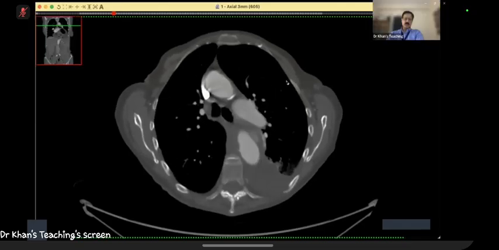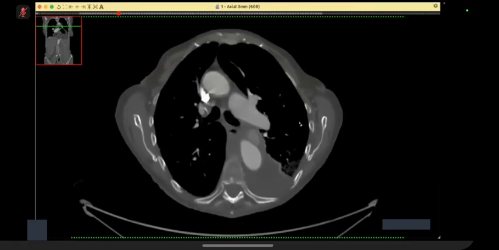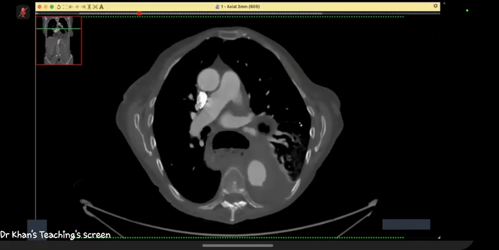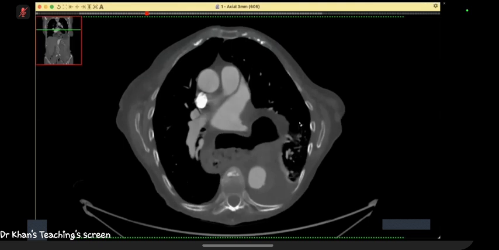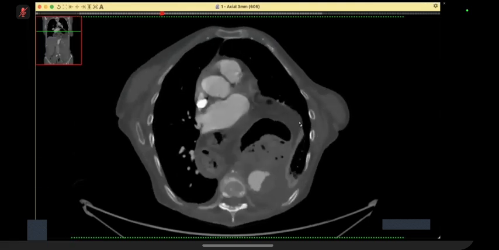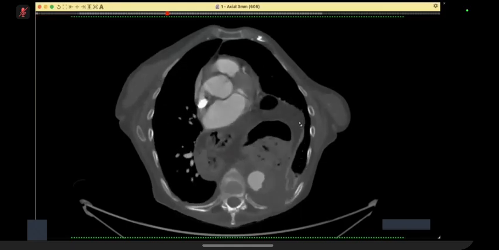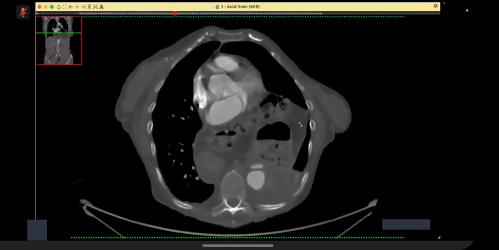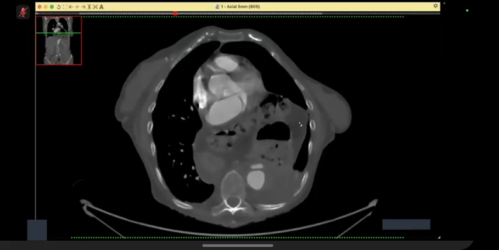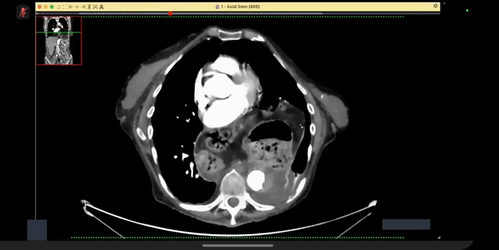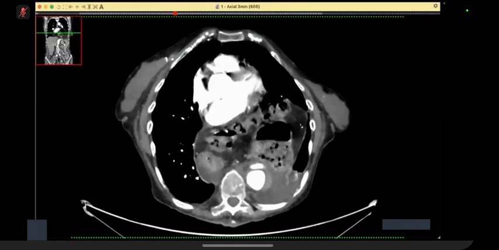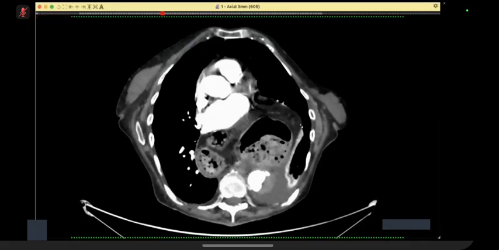So I'm going down now. In the descending thoracic aorta, I can see some small penetrating ulcers, and then here, on this slice, can I see the soft tissue window here, because there's some concentric rim of hyperdensity which I can see all around this, and then there is a flap possibly here.